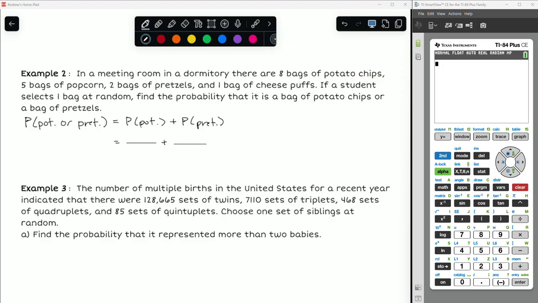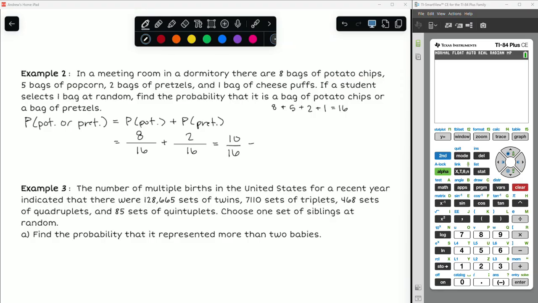So looking at the word problem, I have 8 bags of potato chips, 5 of popcorn, 2 of pretzels, and 1 of cheese puffs. So I'm drawing from a selection of 16 bags of snacks. So the denominator for both of these is 16. 8 of them are potato chips, and 2 of them are pretzels. So that's going to give me 10 over 16.